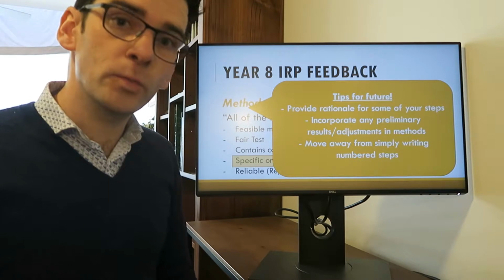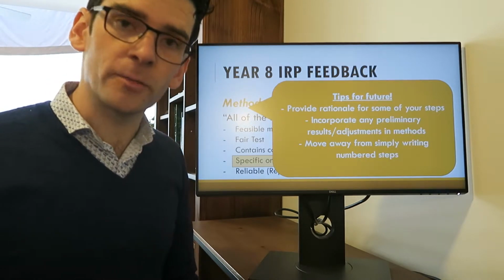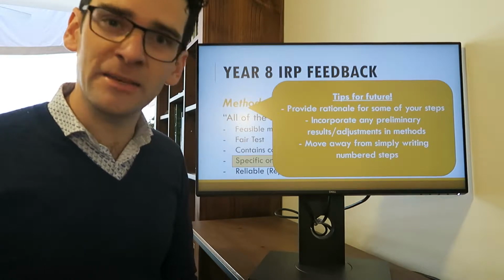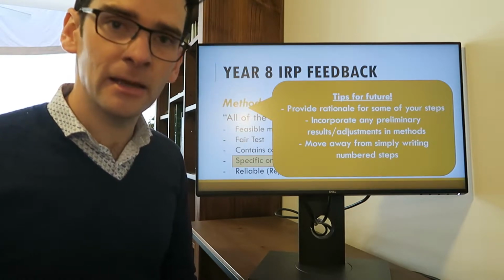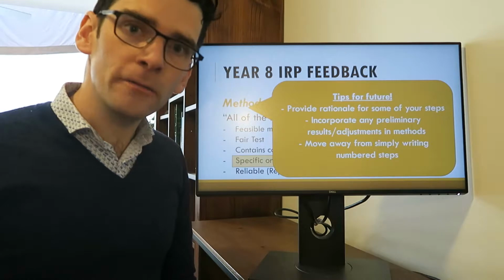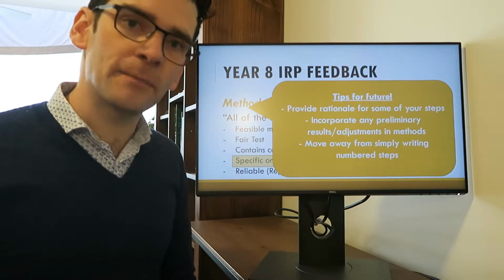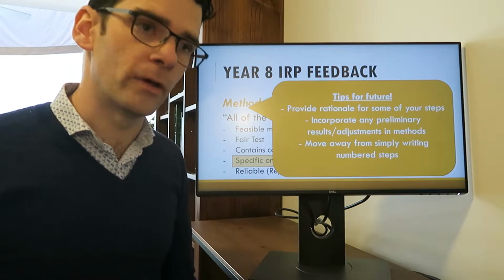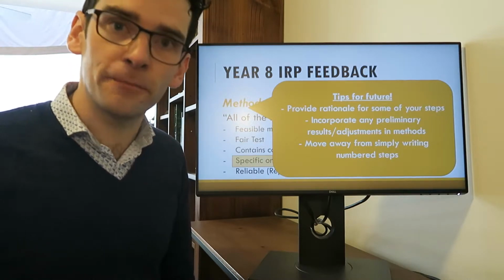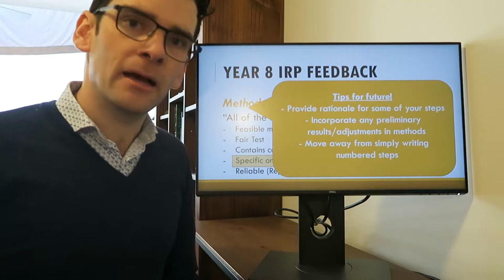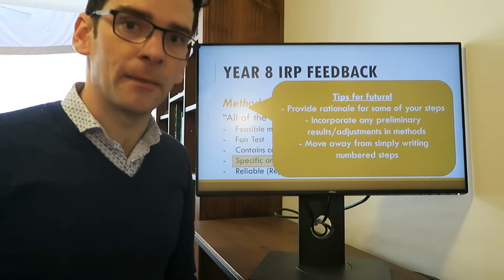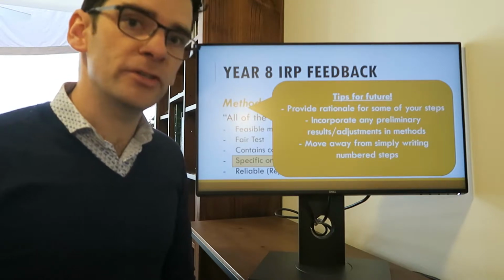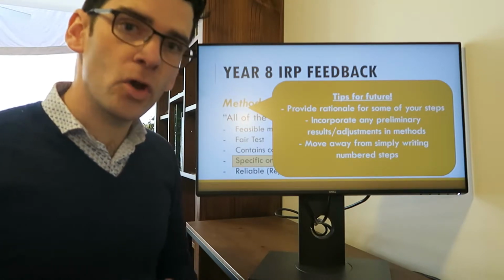Also, a lot of us undertook preliminary experiments, which is a really good thing. You're testing out your experimental design, to see if there are any flaws that you might need to fix. Unfortunately, a lot of us took that to be our final experiment, and we included the results, or the pitfalls, in our discussion. Now, it's good that you're noticing how to improve, but in the future it might be good to incorporate these changes earlier on in your poster.